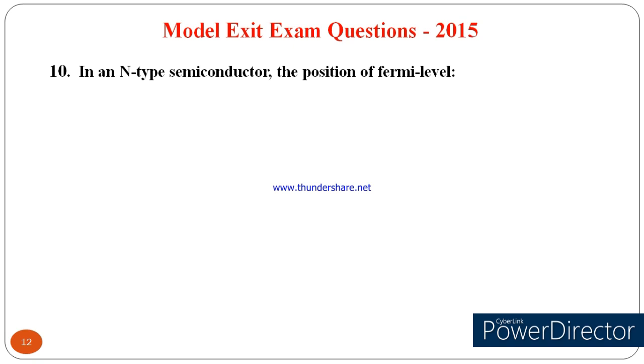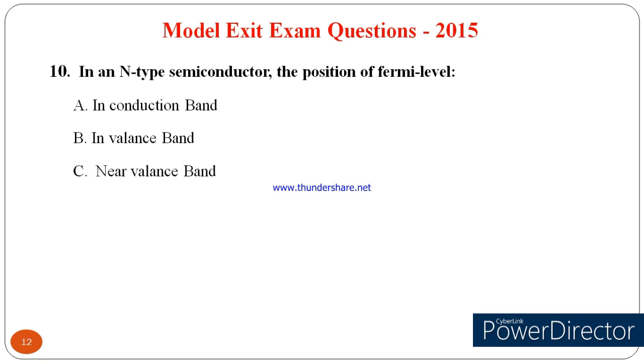So now, in an n-type semiconductor, the position of Fermi level is A, in conduction band, B, in valence band, C, near valence band, D, near conduction band.